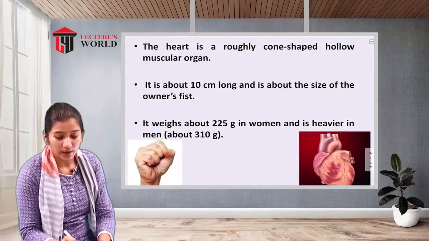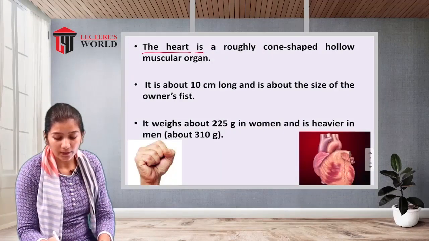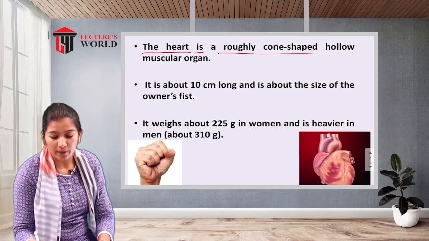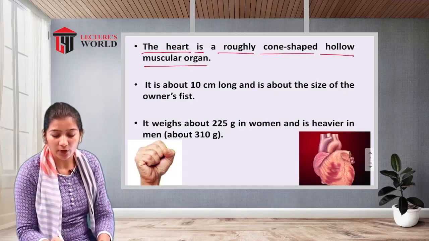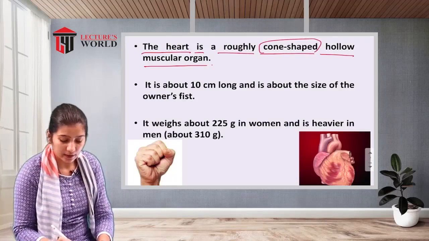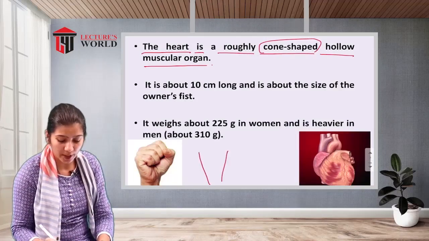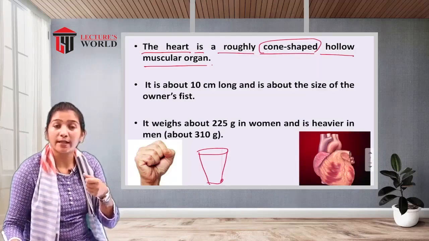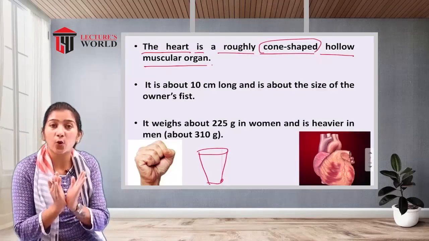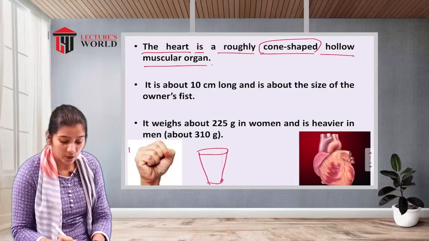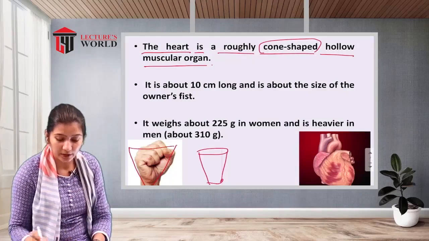The heart is roughly a cone-shaped hollow muscular organ. You can see it is a cone shape, like the cone ice cream we eat.